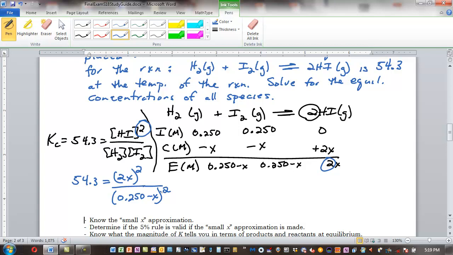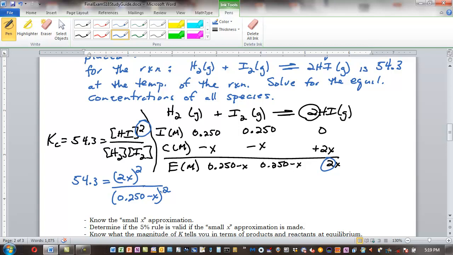All right, so can we make the small x approximation for this one? I hear yes, I hear no. Just try it and see what happens. When can we make the small x approximation? When your equilibrium constant is pretty small, typically 10 to the minus fourth or smaller.